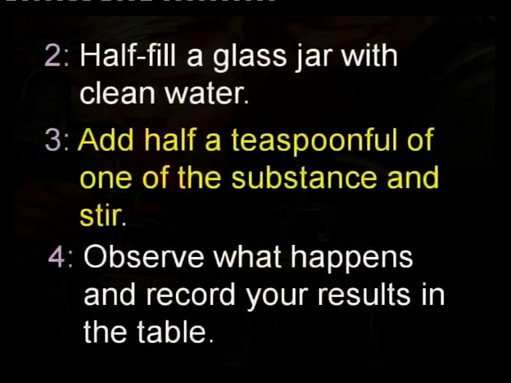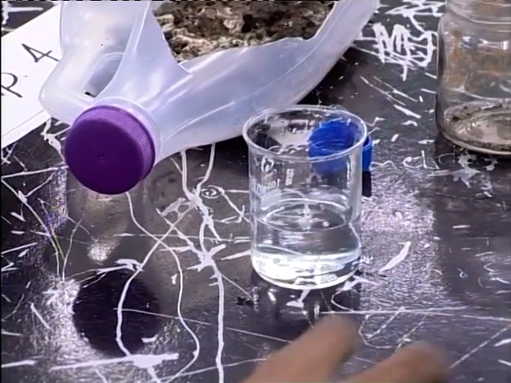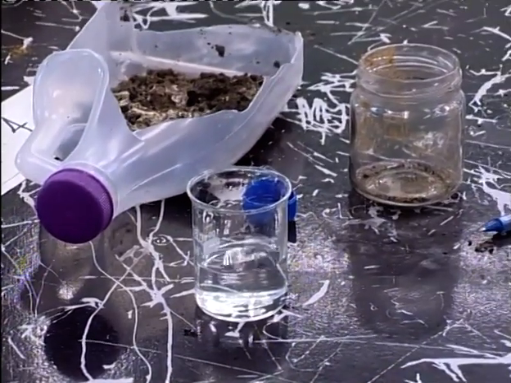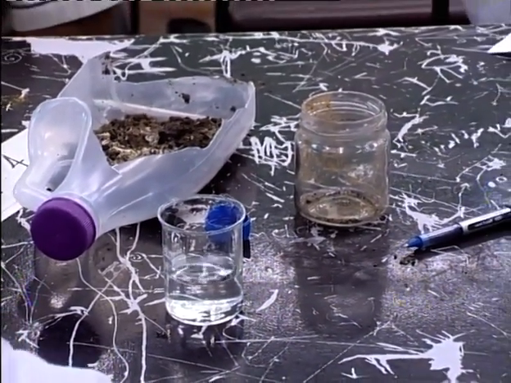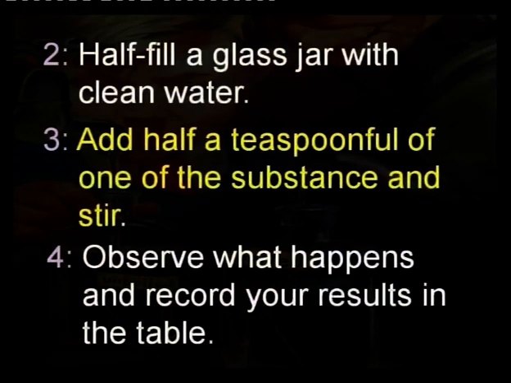Receiving students, you can use a glass jar. Here we are using a half-filled beaker. The next thing you are going to do is add a half teaspoonful of one of the substances and stir. The first one we are going to look at is sugar.